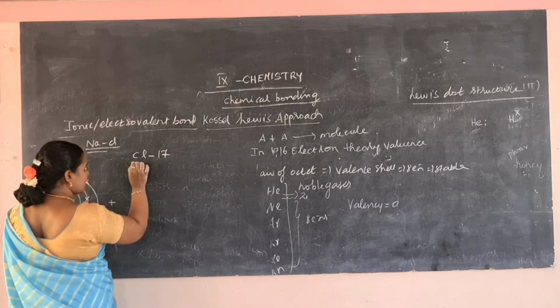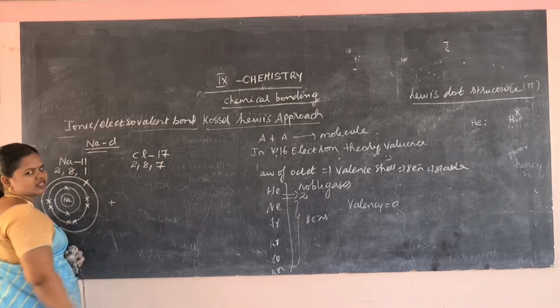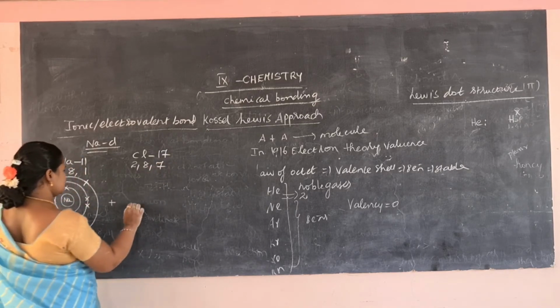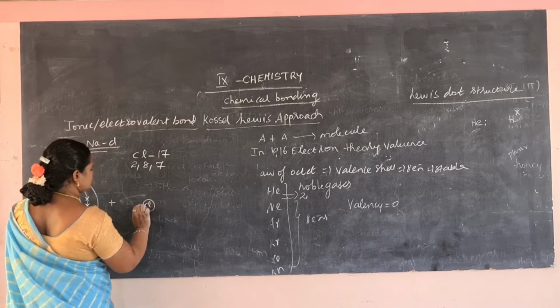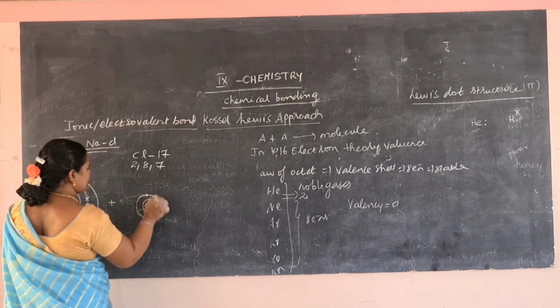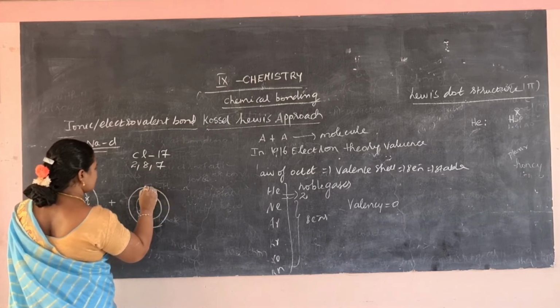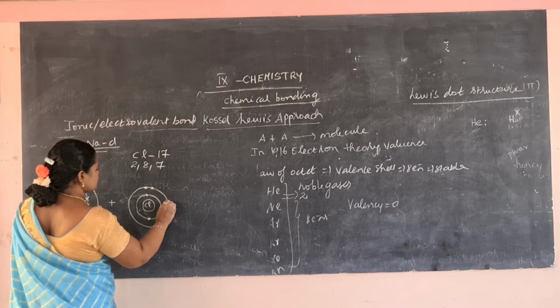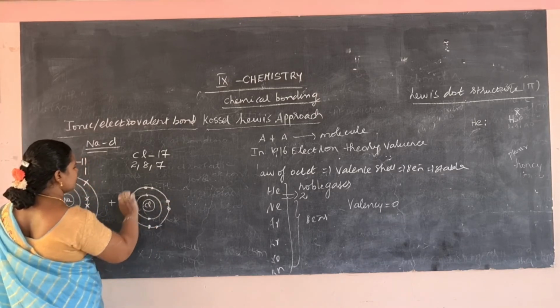What is the electronic configuration? 2, 8, 7. We placed 10, and what is left? 7. Then you draw Cl. The first shell contains 2 electrons, the second shell contains 8 electrons, then the third shell contains 7 electrons.